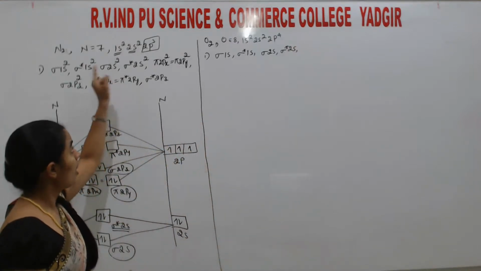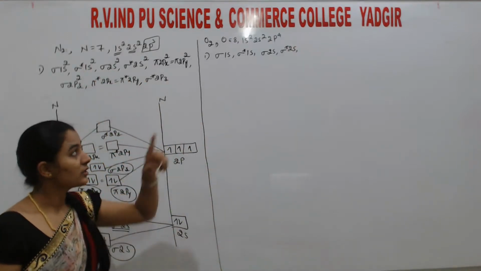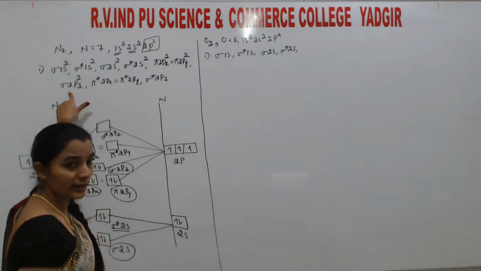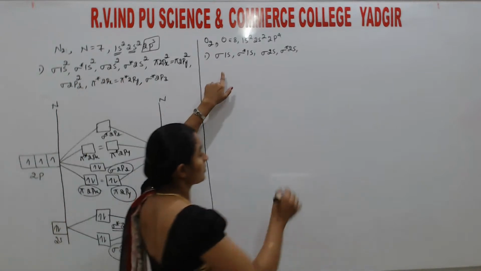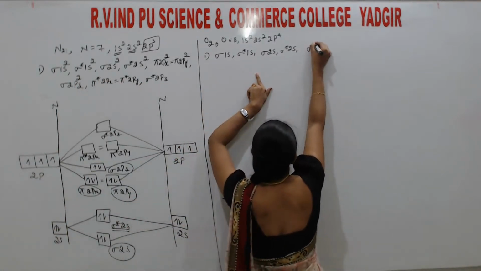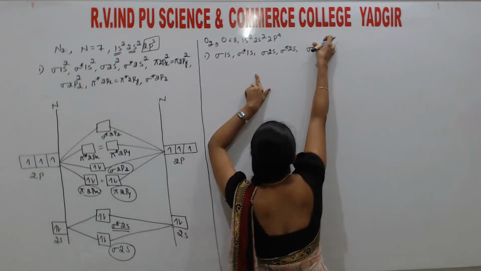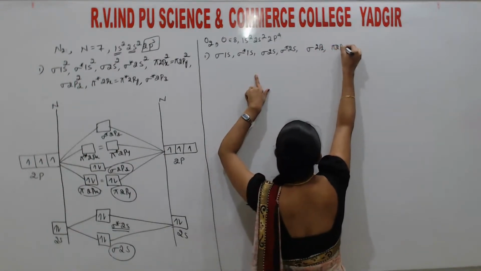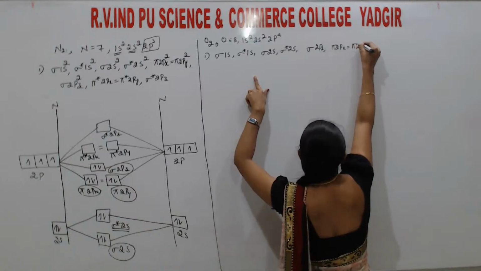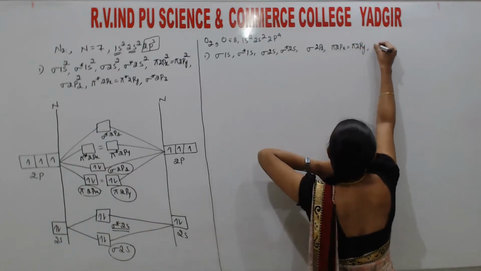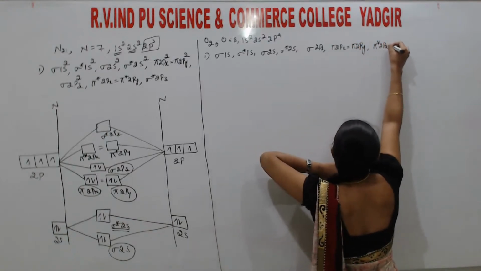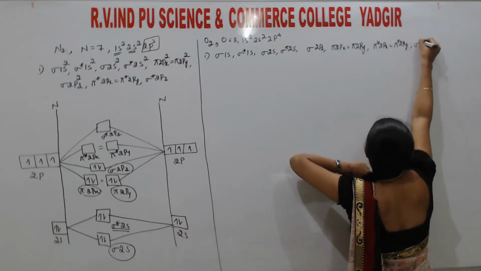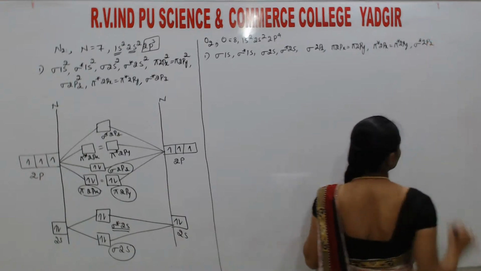Listen, after nitrogen, what will change? In p orbital here, pi comes first, followed by sigma. But after nitrogen, first sigma comes. Means sigma 2pz, pi 2px is equal to pi 2py, pi star 2px is equal to pi star 2py, and sigma star 2pz.